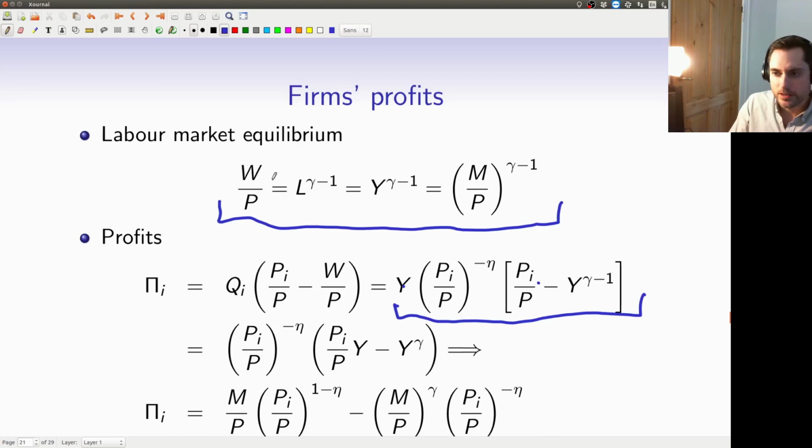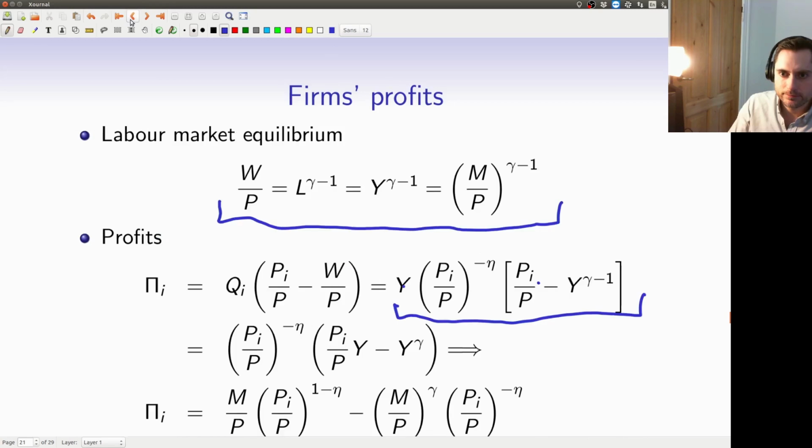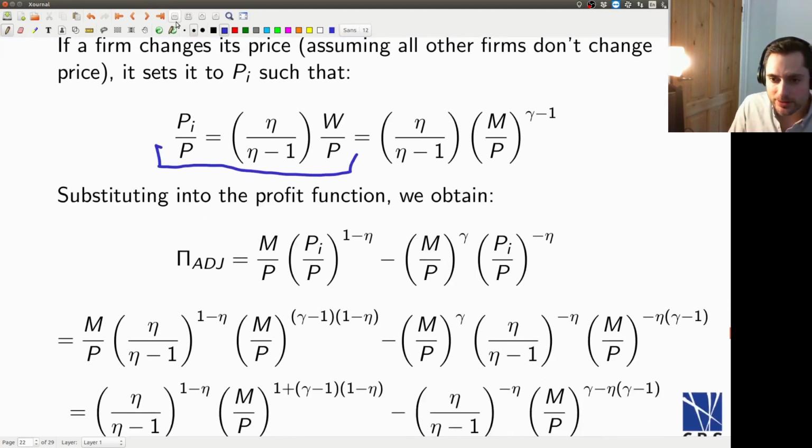So in the labor market equilibrium, the real wages are just equal to the demand to the power gamma minus 1, m divided by p to the power gamma minus 1. Make that substitution. This is now the firm's optimal price.